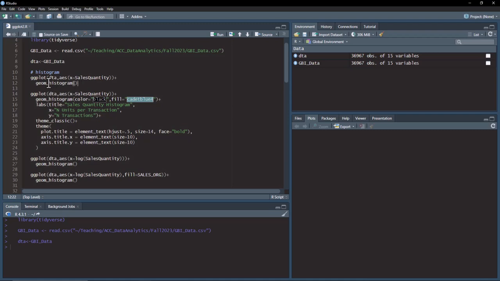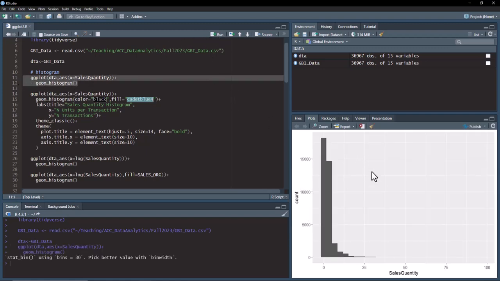Okay, so this creates a histogram using sales quantity as the X variable and the data frame DTA. When you run it, the output goes down here on the bottom right in this plots tab. And let's talk a little bit about what it looks like.